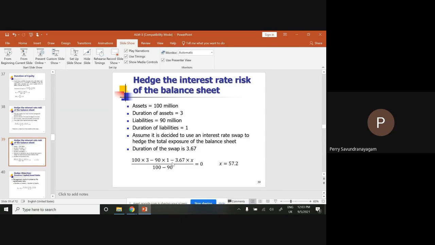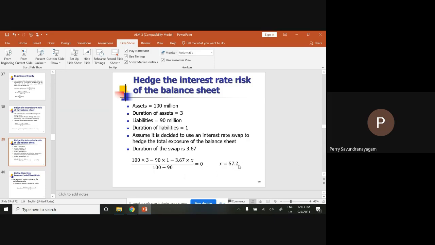And you know that your duration for the assets is greater than your duration for your liabilities. In order to make up the difference, like I said, 90 million against 100 million, even though it's like only a 10 million gap here, when you calculate from duration terms, it's actually a gap of 3.67, because in order for you to arrive at 0, you have to increase the liability value or the duration number, the duration gap, by 57 million of liabilities in order for you to be able to make the differential.